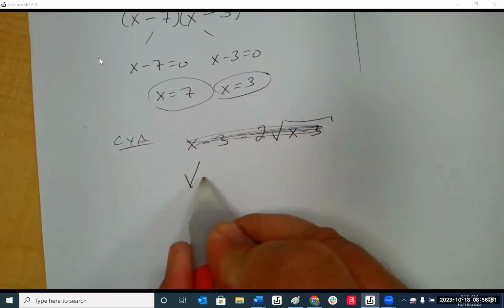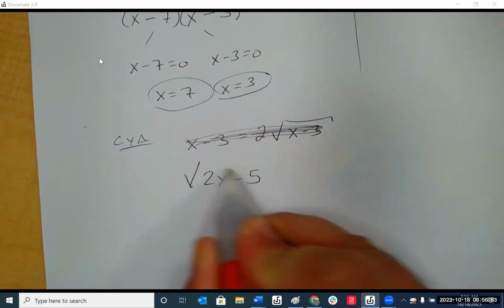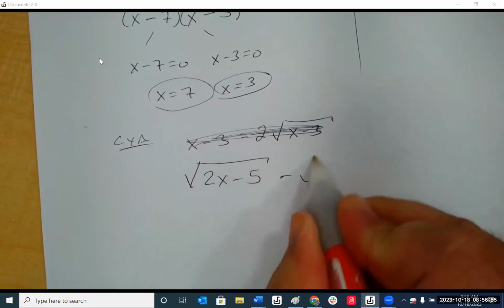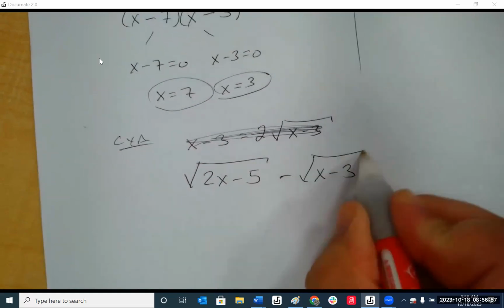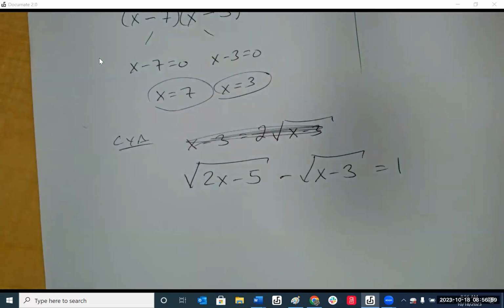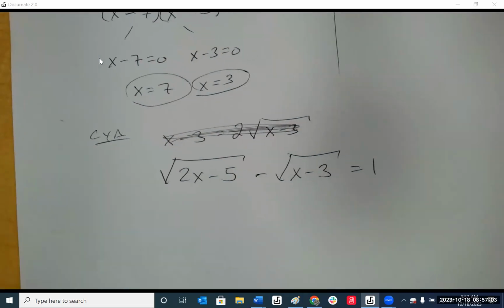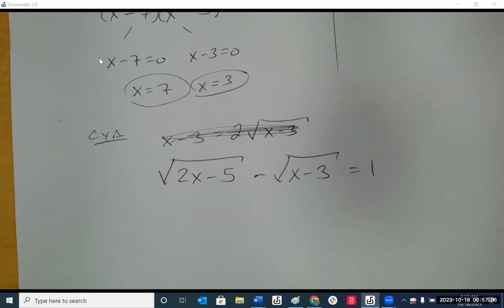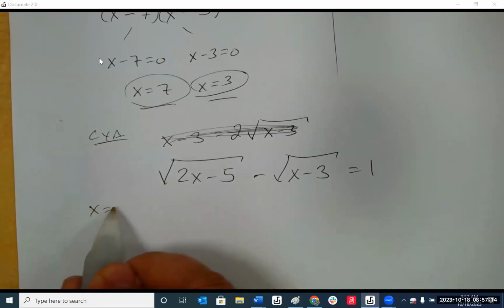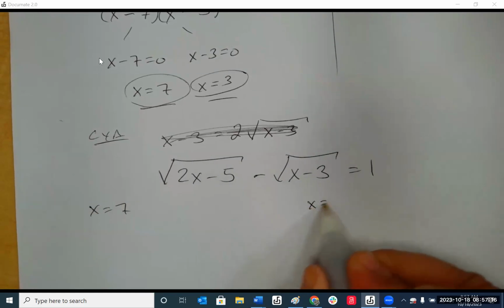It was 2x minus 5 minus x minus 3 equals 1. There. So we have to try both of those numbers. So when x equals 7, and then when x equals 3.